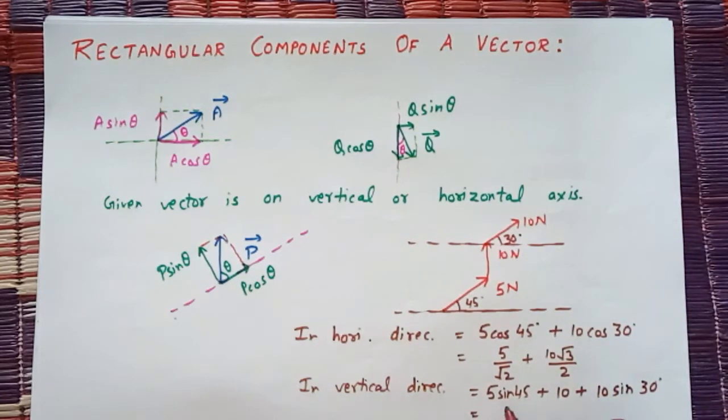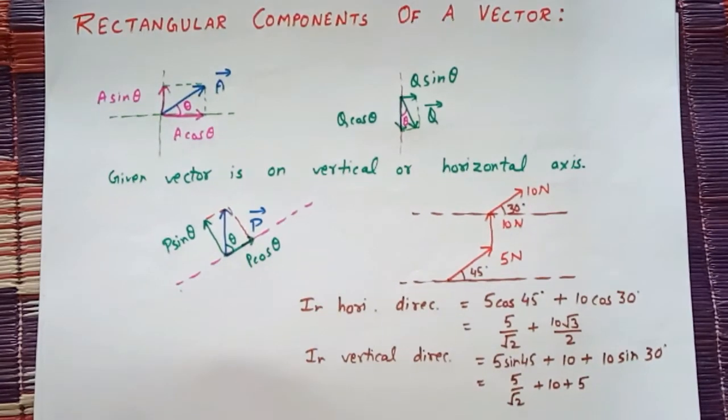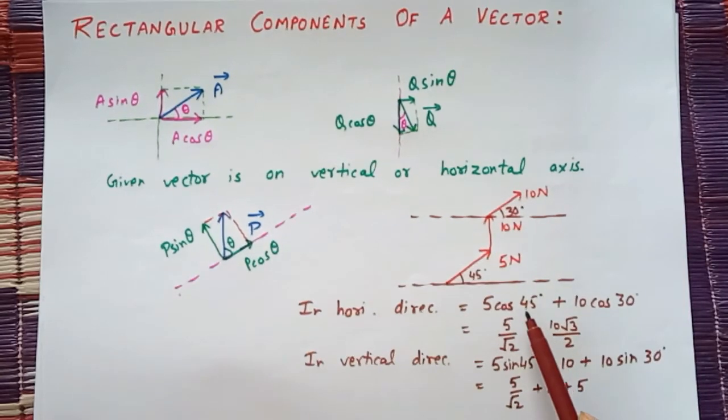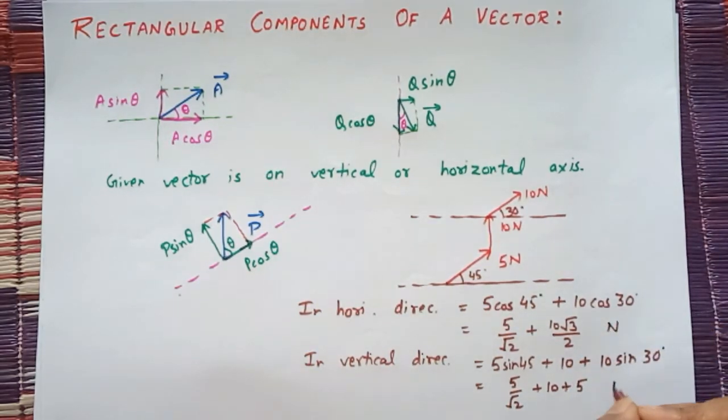So 5 sin 45 will be 5 by root 2, plus 10, plus 10 sin 30, which is equal to 5. So in the horizontal direction it is 5 by root 2 plus 10 root 3 by 2, and in the vertical direction 5 by root 2 plus 10 plus 5. This much Newton and this much Newton.